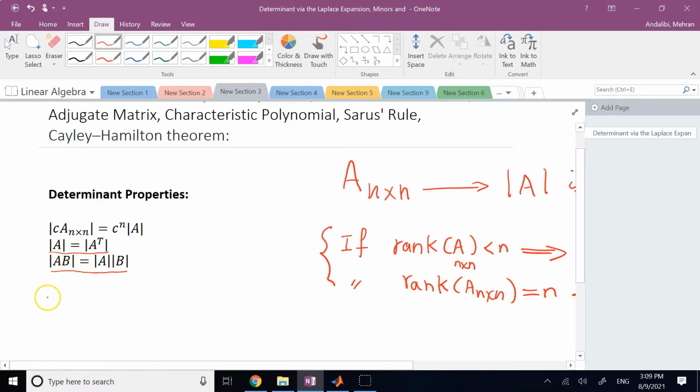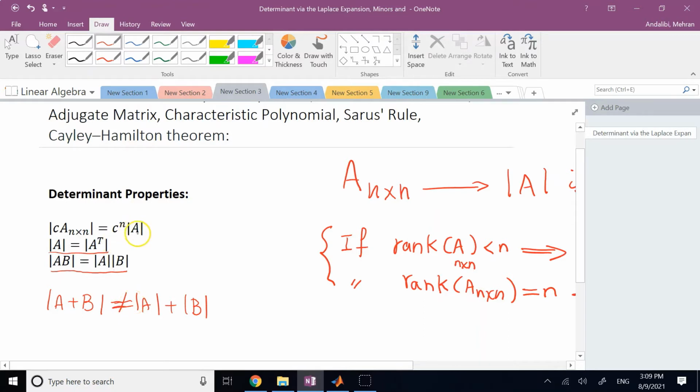Now, that's not the case for addition and subtraction. So determinant of A plus B is definitely not equal to determinant A plus determinant B. Okay? That's not the case. So it's not really a linear operator. When you multiply matrices, you can separate them, okay, but not when you add them.